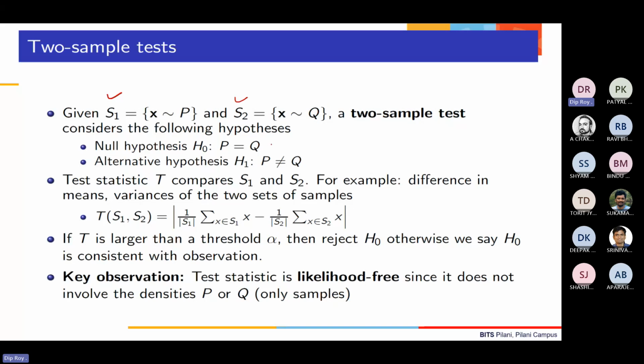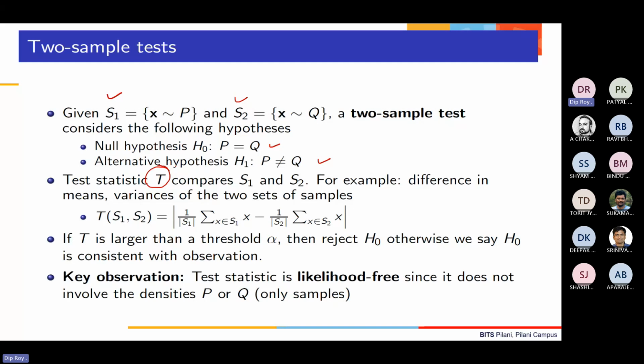You have your null hypothesis, which says that P is equal to Q, and you have your alternate hypothesis, which says P is not equal to Q. We want to design a test statistic T to compare S1 and S2.